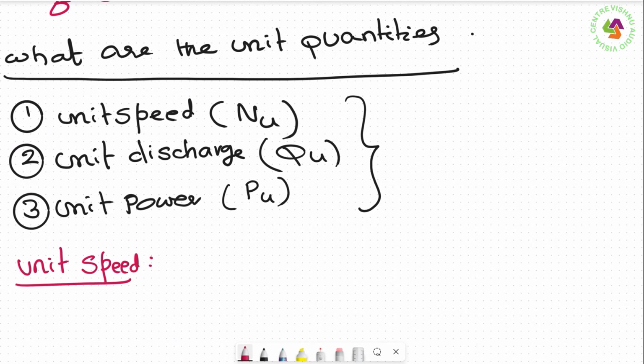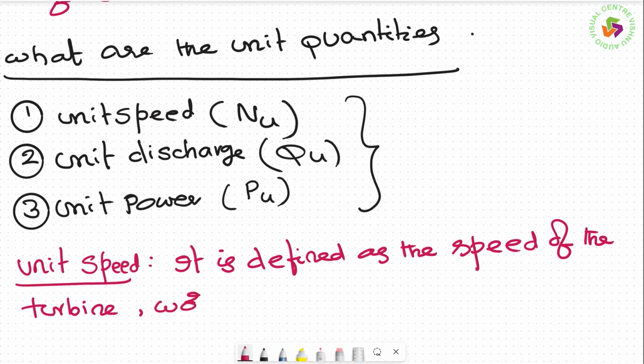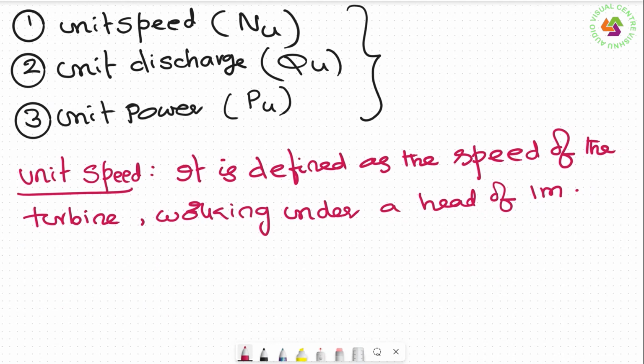Unit speed is defined as the speed of the turbine when working under a head of 1 meter. So this is what we call the unit speed.